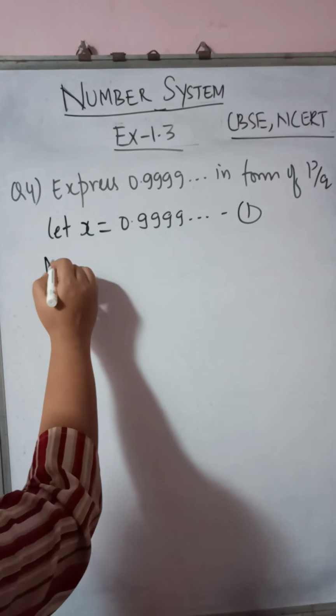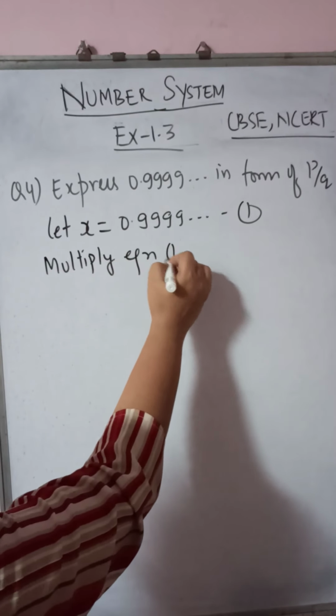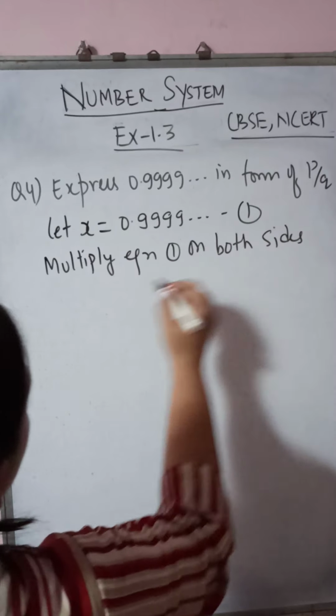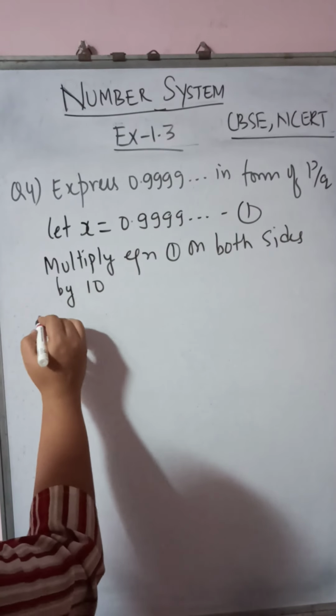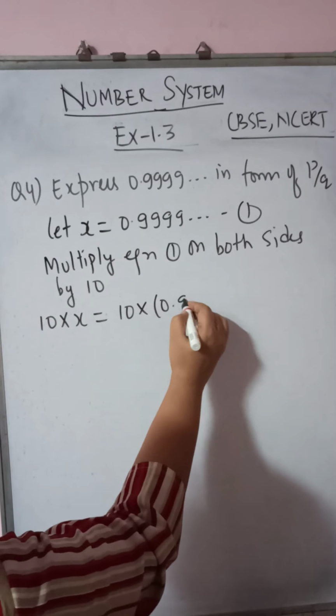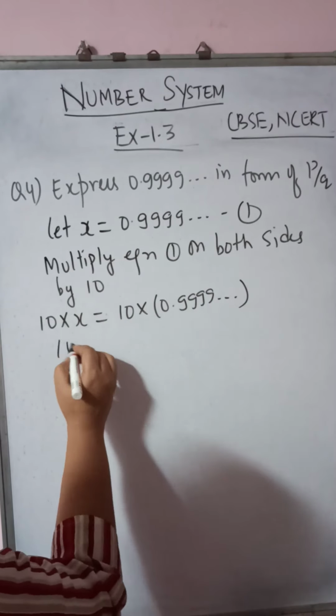So multiply equation 1 on both sides by 10. So 10 into x is equal to 10 into 0.99. So 10x is equal to 9.999. So let this be equation 2.